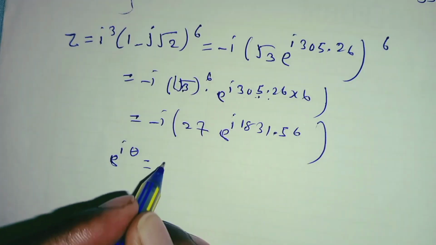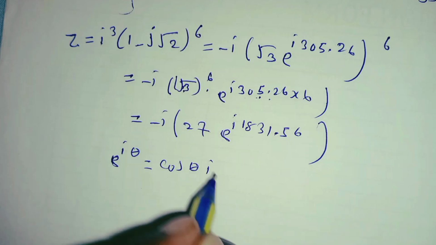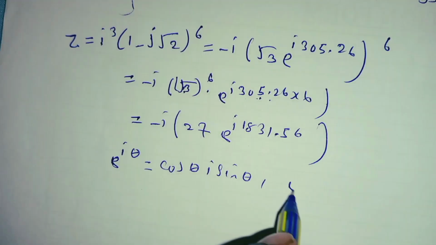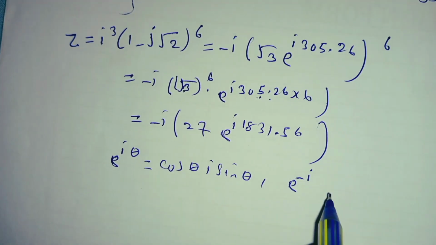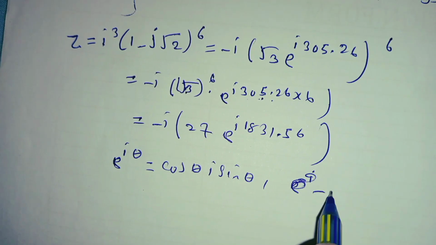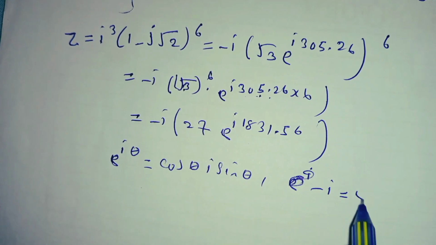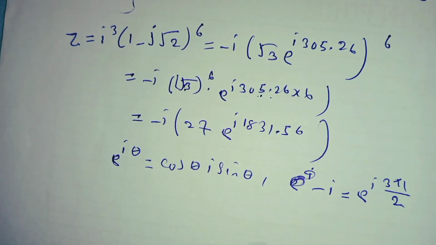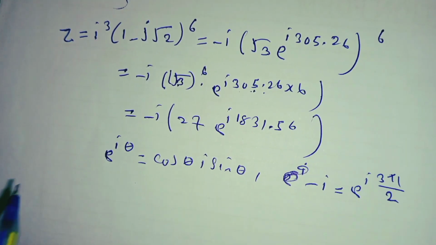Then from here we make use of the fact that Euler's formula tells us that e to the i theta is the same as cos theta plus i sine of theta. And we note that negative i is the same as exponential i 3 pi over 2 by making use of Euler's formula.